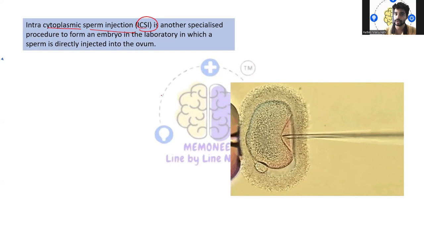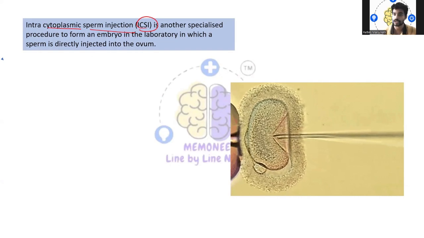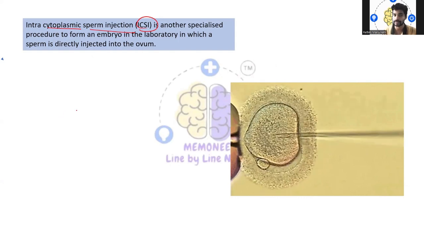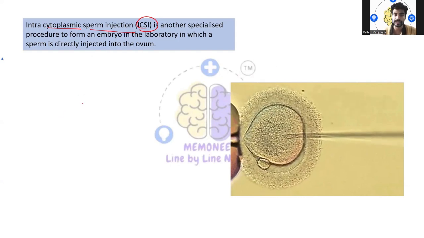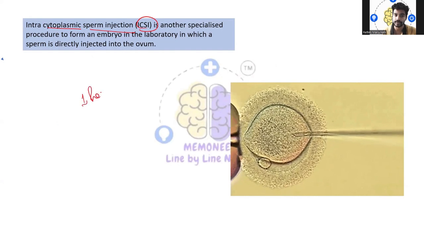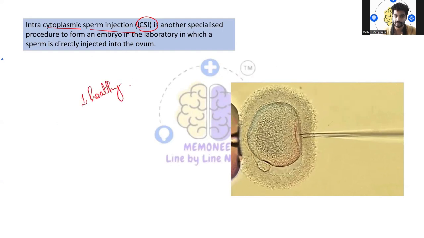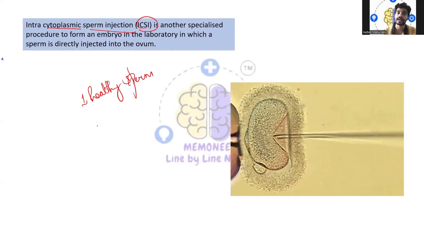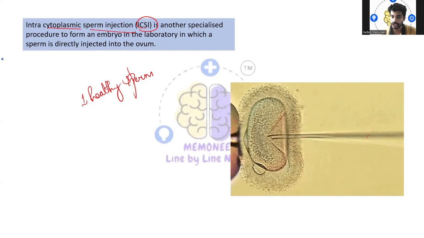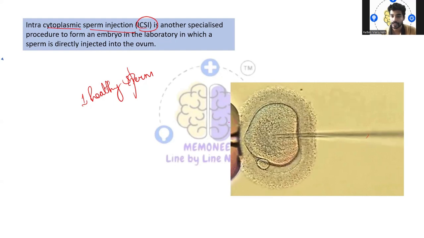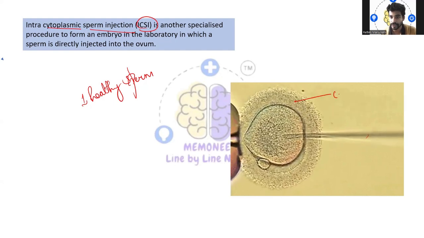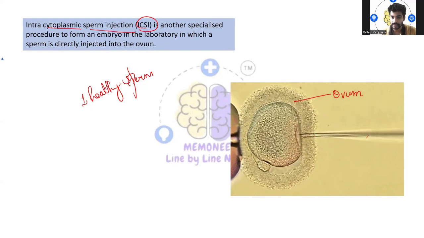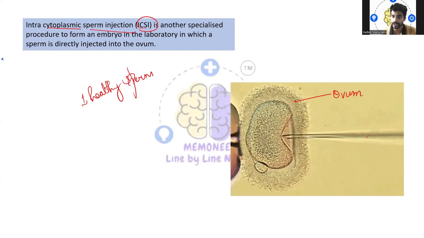In the laboratory, out of millions of sperm, they are going to collect one healthy sperm. And they are going to inject it directly into the ovum.